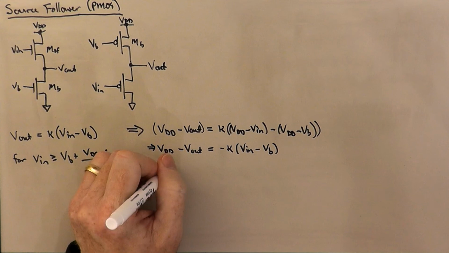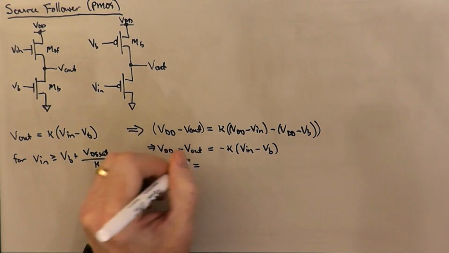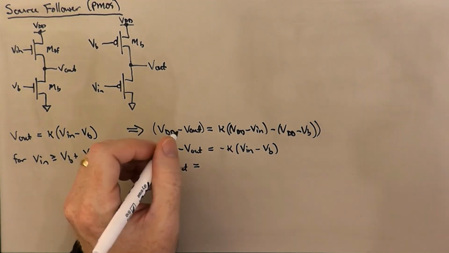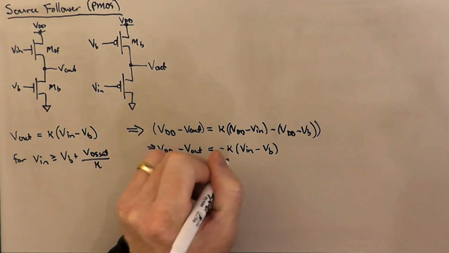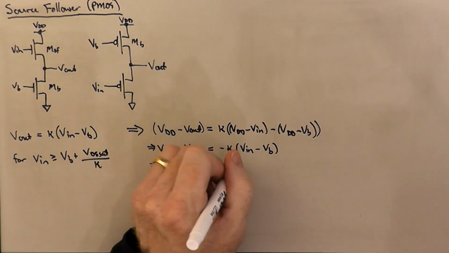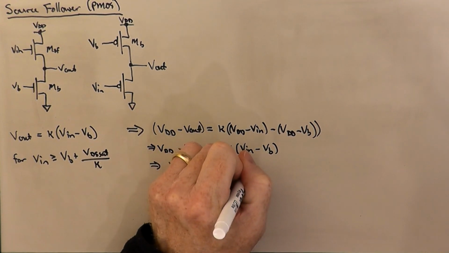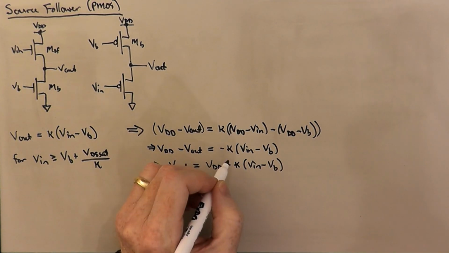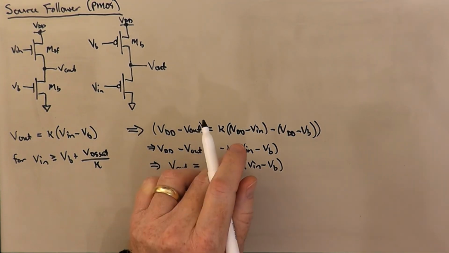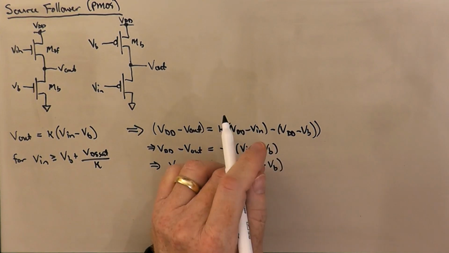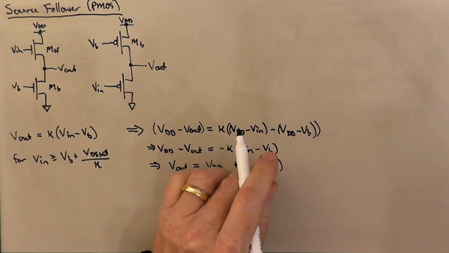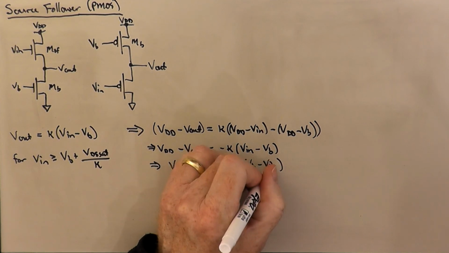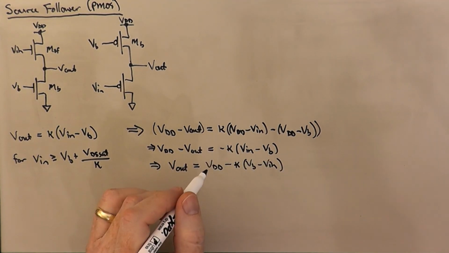And so this becomes Vout is equal to VDD plus kappa times Vn minus Vb. Or if you like, we could take this minus sign out and swap the Vn and the Vb and have this be Vb minus Vn. That would be another way of writing it.